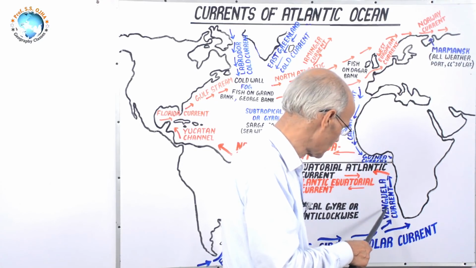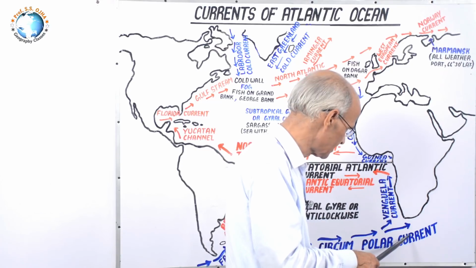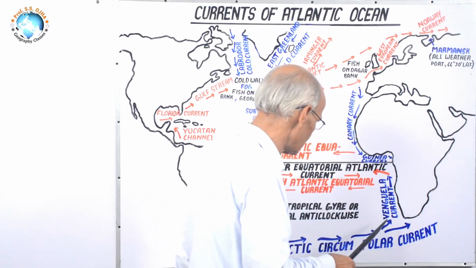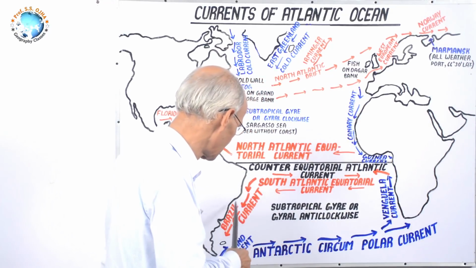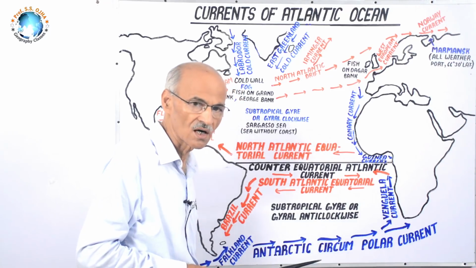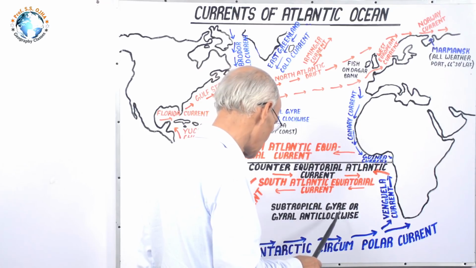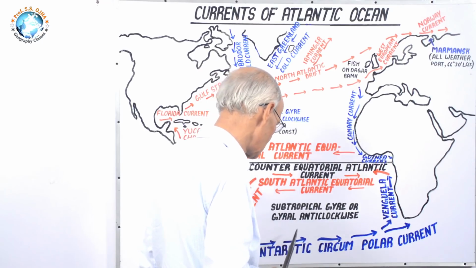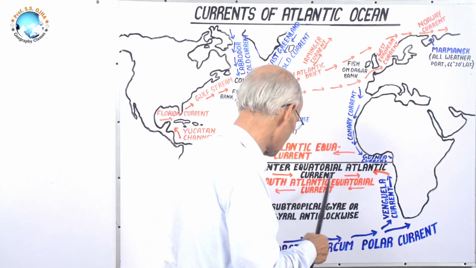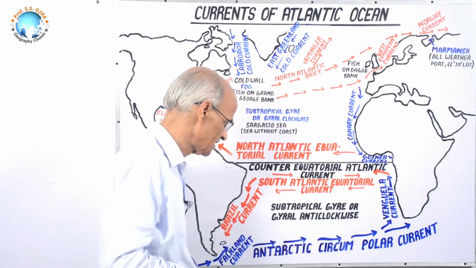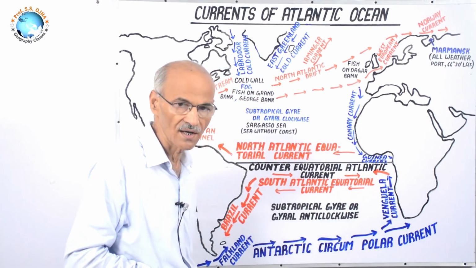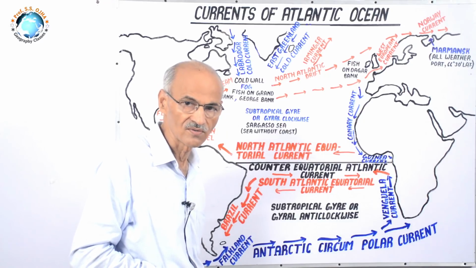One, this Benguela current, and second, this Agulhas current. And this is one gyre developed in the South Atlantic Ocean, and this is called the subtropical gyre, which moves in an anti-clockwise direction. There is no subpolar gyre in the Southern Hemisphere.